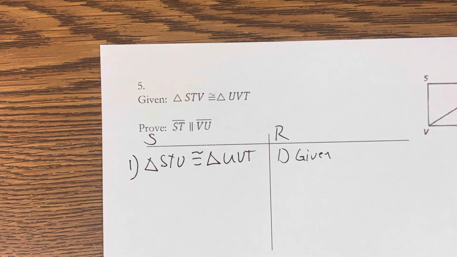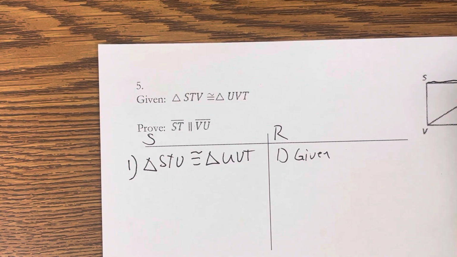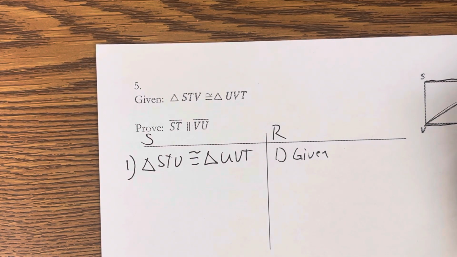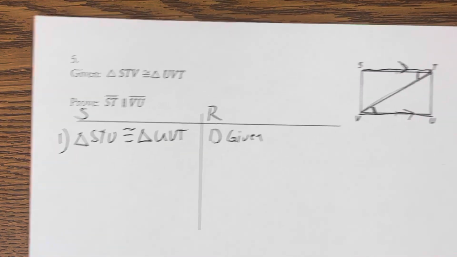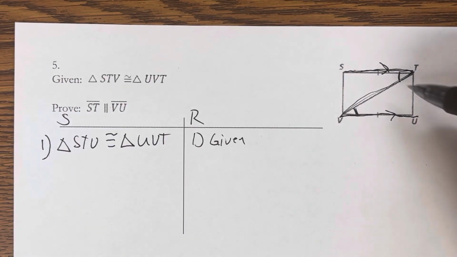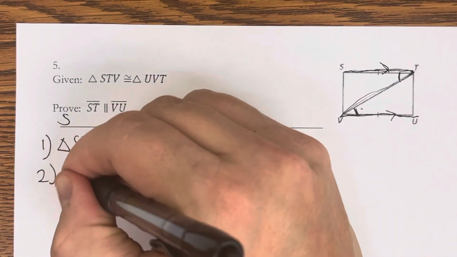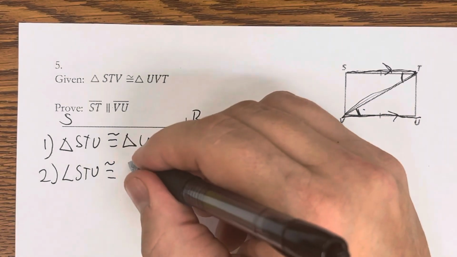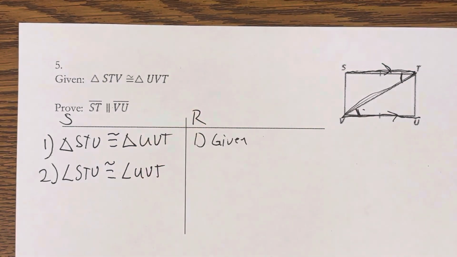So for these 2 lines to be parallel, alternate interior angles need to be congruent. So I need to trace that Z. So here is the Z. ST was parallel to VU. So the Z is right here. These 2 alternate interior angles need to be congruent. Here's our Z. So angle STV needs to be congruent to UVT. Let's see if those are corresponding parts.